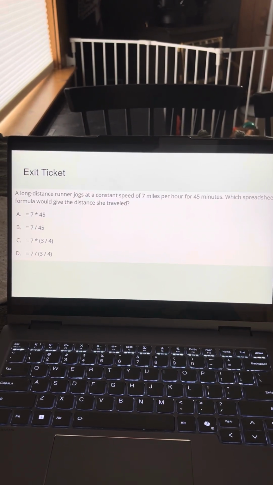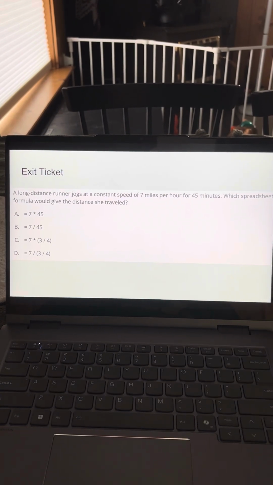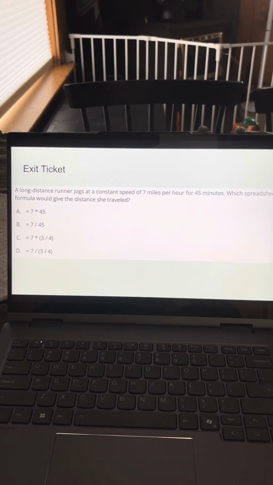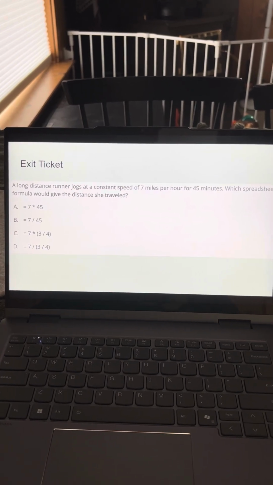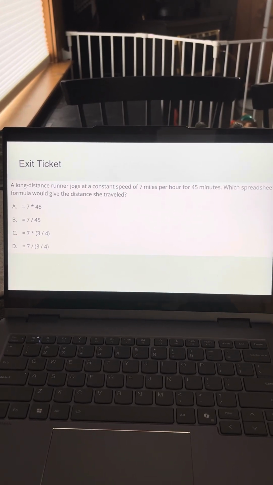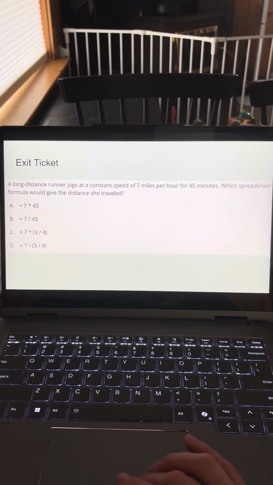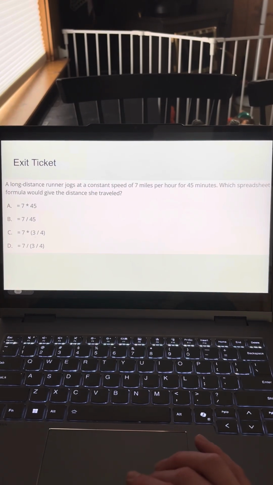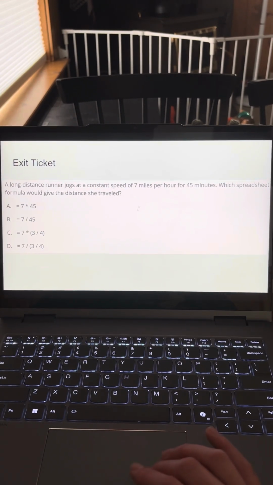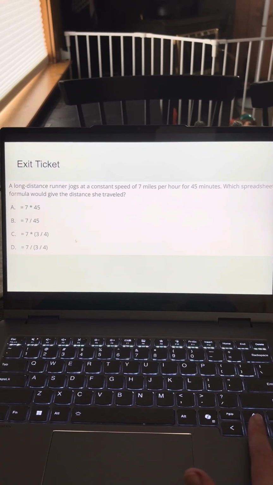But if I did 7 divided by 45, that would just tell me how many miles per 1 minute. And then if I did this part C, 7 times 3/4, 45 minutes is the same as 3/4 of an hour. So since she's running 7 miles per hour for 3/4 of an hour, this calculation would be the one I use because she's running 3/4 of an hour, 45 minutes, and she's running at 7 miles per hour. So that's the calculation I would use there.